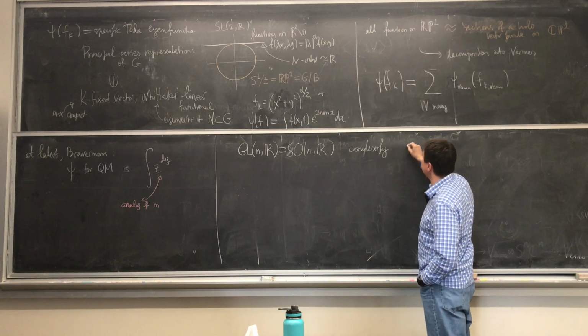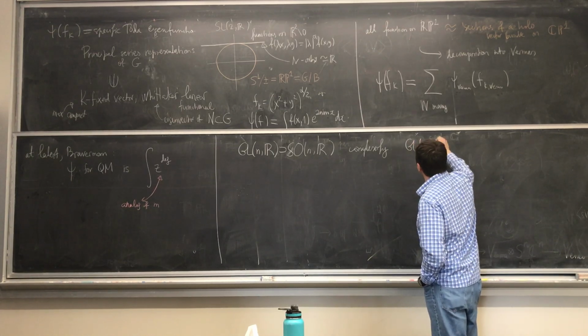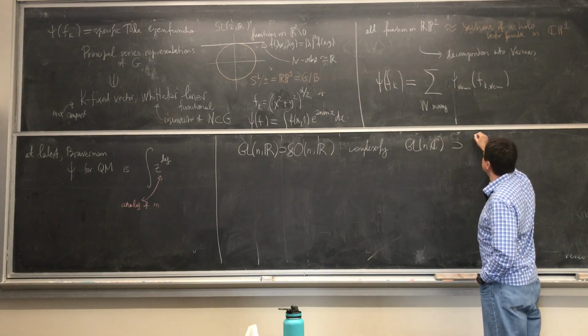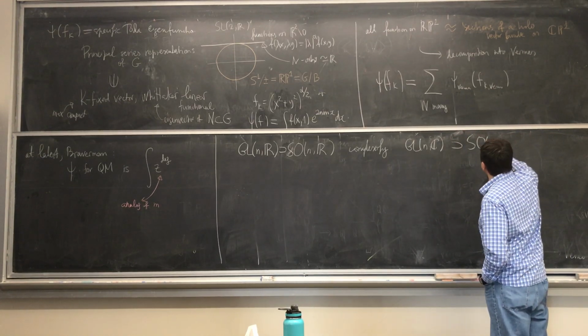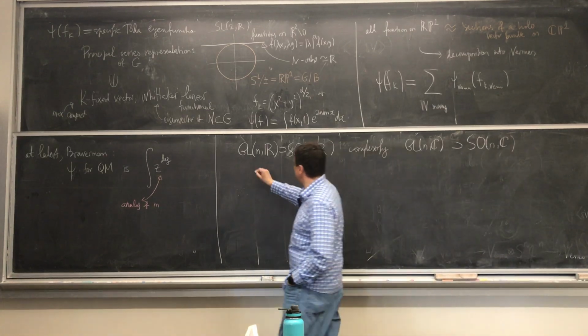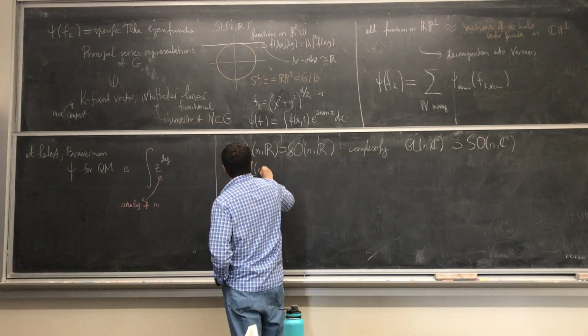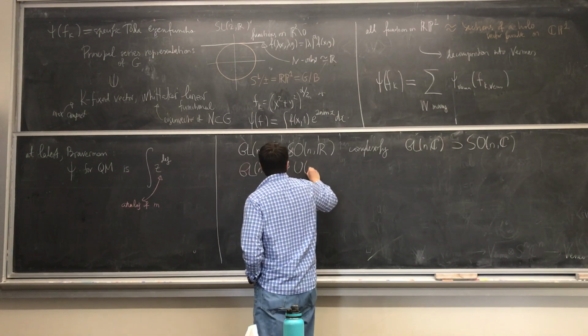So this is complexify. We're going to get GLN C, which contains SON C. Or we can have GLN C, and then this contains UN.